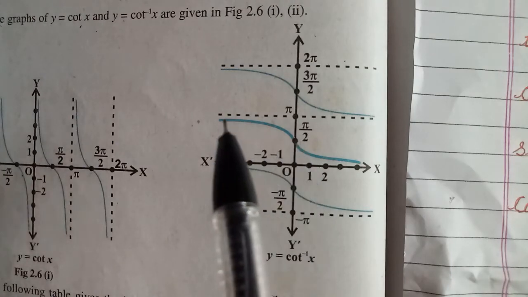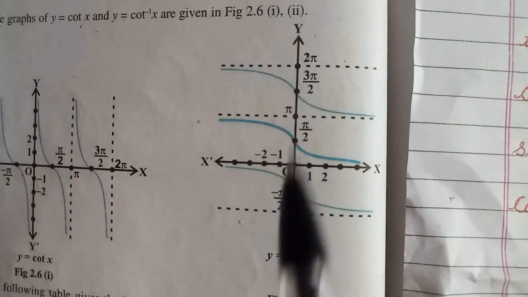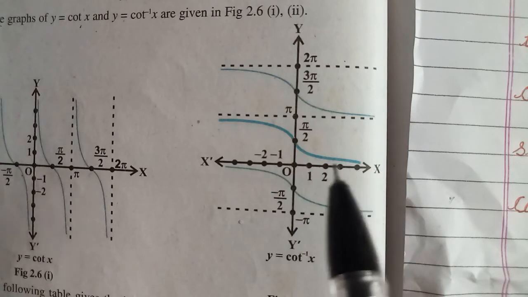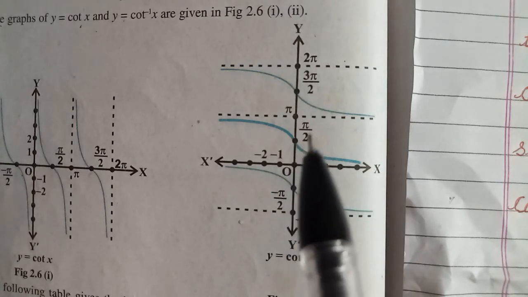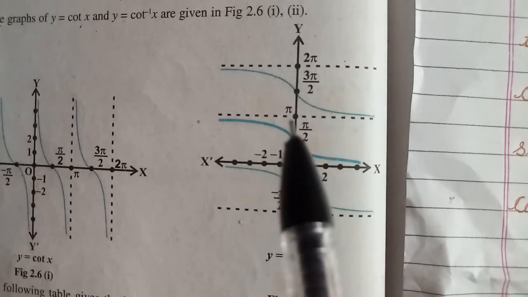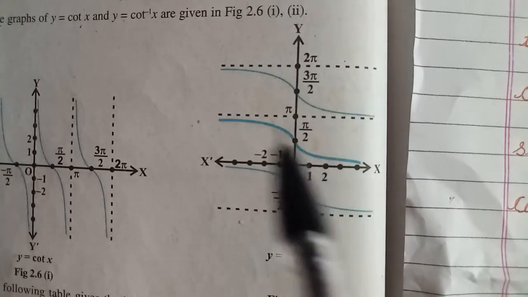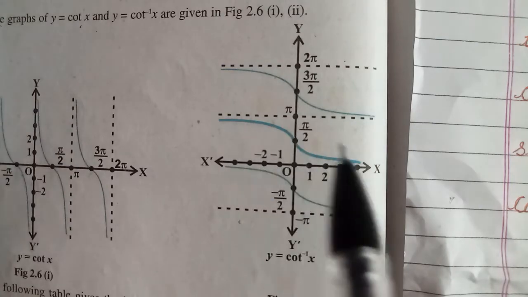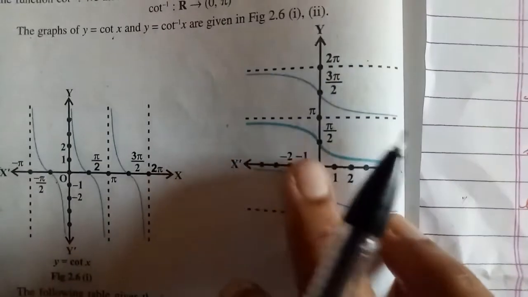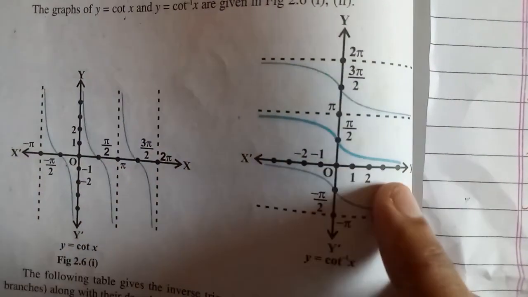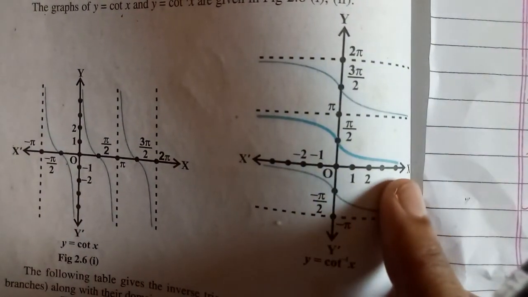Because these both are repeated. But here it's nothing like that. We always consider next to the origin, and we go for always positive values of y. So I will take here and here. The whole domain is R.